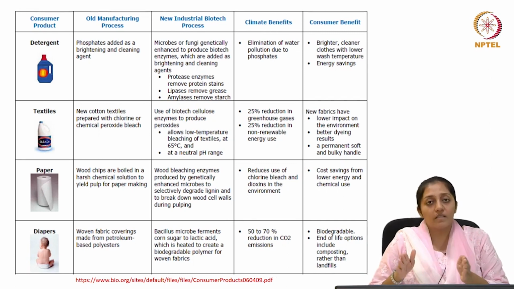Now again, the result is that there is a large decrease in the release of greenhouse gases. You can avoid the use of bleaching agents, chemical bleaches. Less harsh conditions are used to carry out these processes, and the product quality is enhanced.